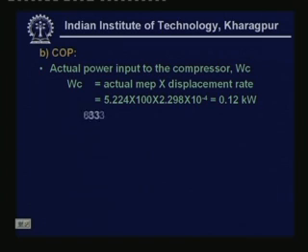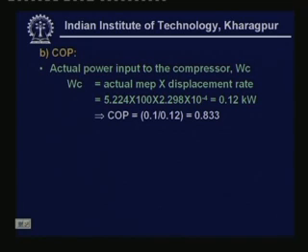Substituting this in the expression for COP, which is the refrigeration capacity divided by the power input, you find 0.1 divided by 0.12, that means the COP is 0.833. This is a practical problem, and a very simple one. All that you have to do is use the right equations and the right data. Now let us look at some of the practical aspects of reciprocating compressors.